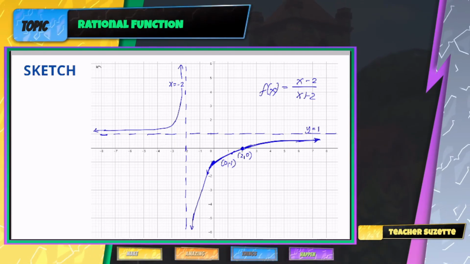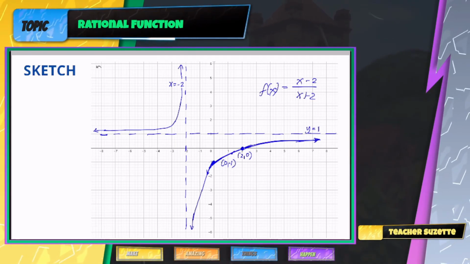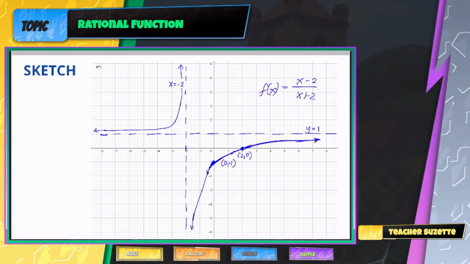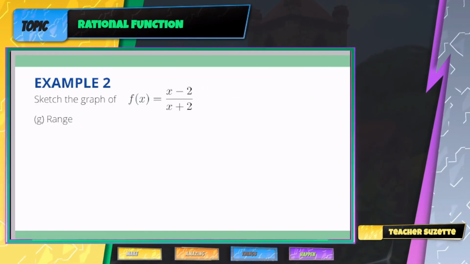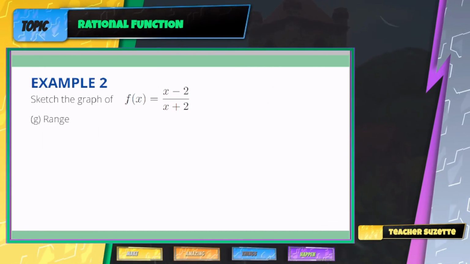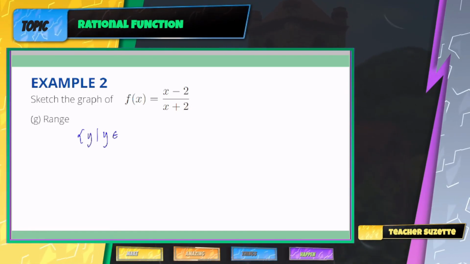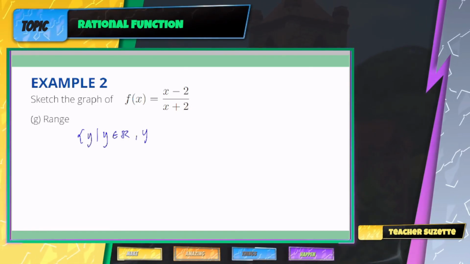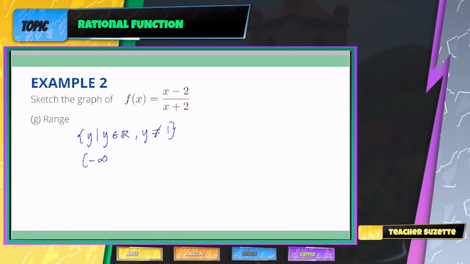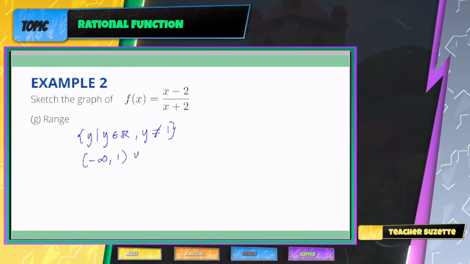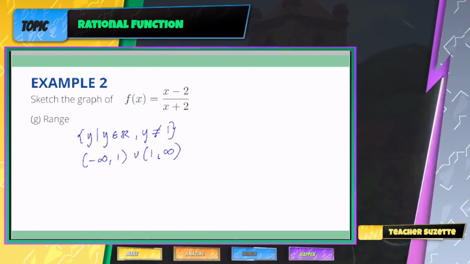Likewise, as x approaches negative infinity, you will notice that your graph approaches the line y is equal to 1. Therefore, the restriction of your range is y such that y is an element of the real numbers where y is not equal to 1, or negative infinity to 1 union 1 to positive infinity. So that's it for our example.